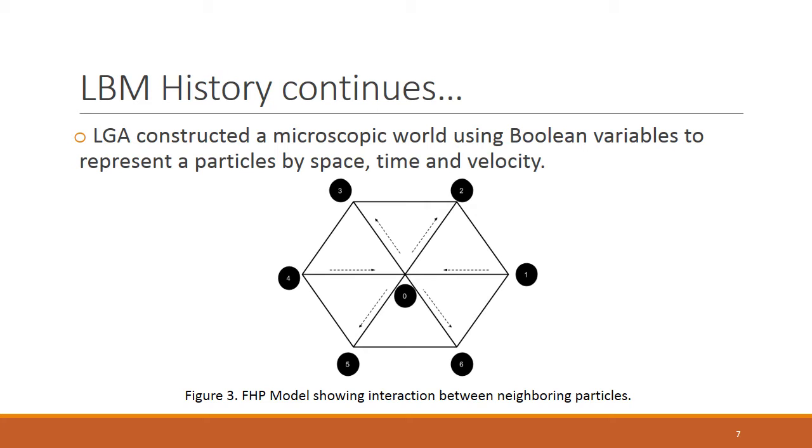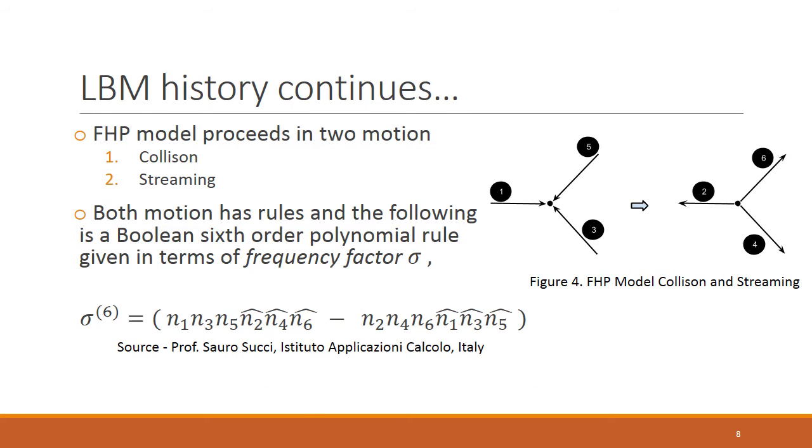Going from 0 to 2 we call streaming. So these are the two things, collision and streaming, which we can see in the next slide.